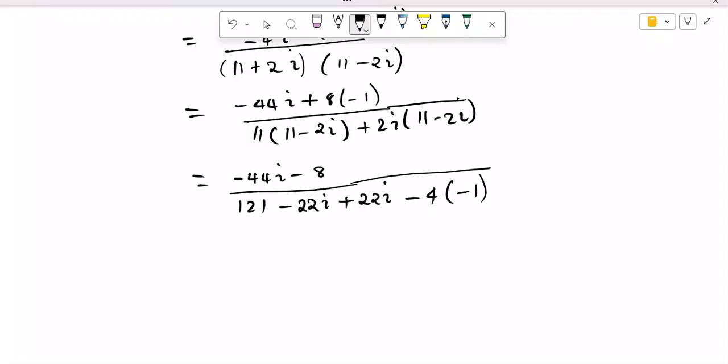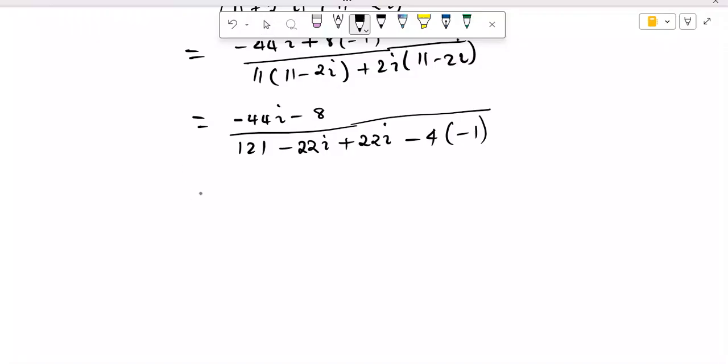So we don't want i at the denominator, that's what the question requires. Okay, so you have negative 44i minus 8 over, so this and this will cancel out because they have opposite signs. So you have 121 plus, oh sorry, 4, so this is 4. Okay, this is 4. Okay, 4.